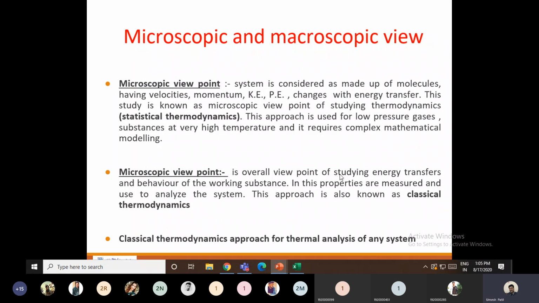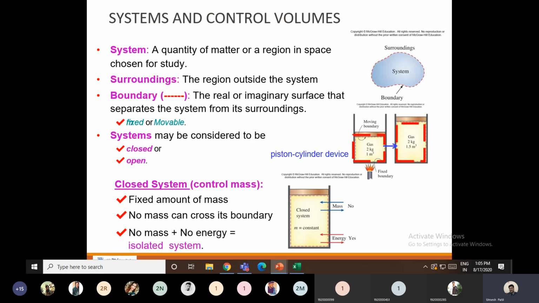In this viewpoint, studying energy transfer and the behavior of the working substance is important, and the properties of a system are measured in this approach and used to analyze the system. This approach is commonly used.